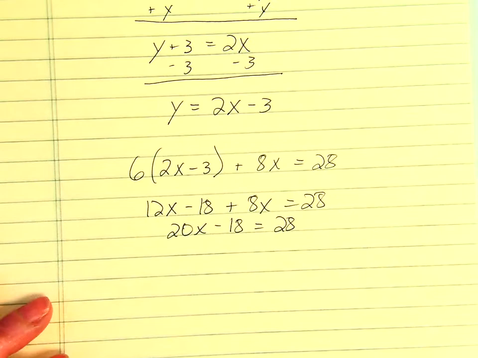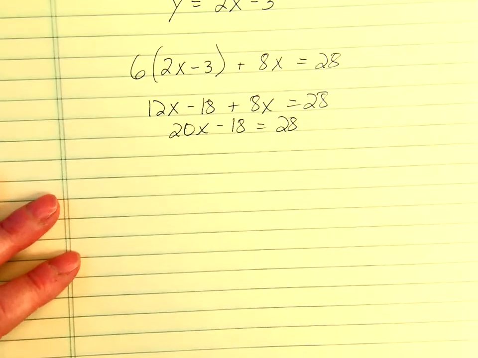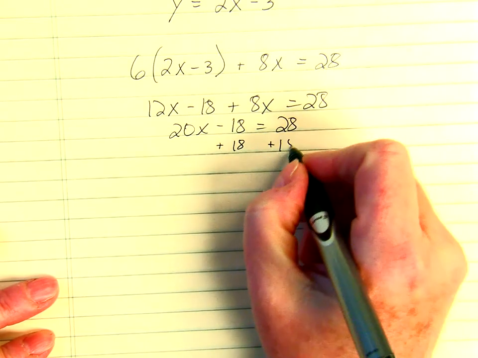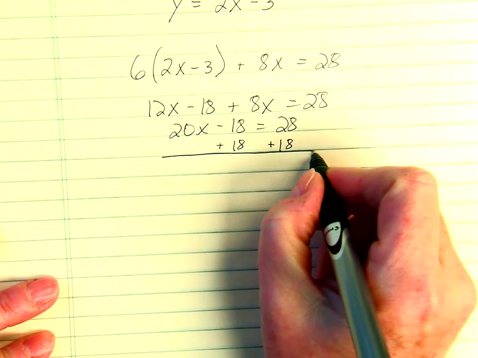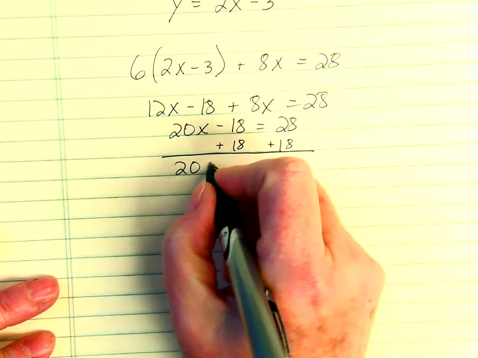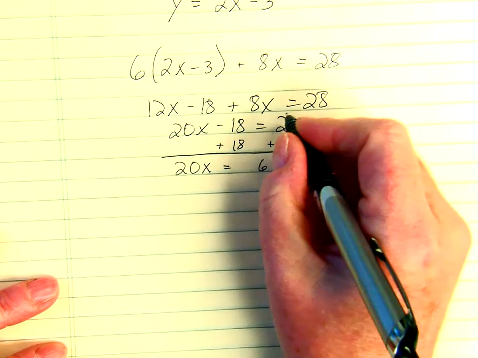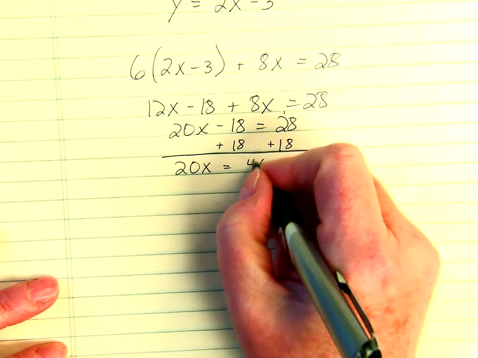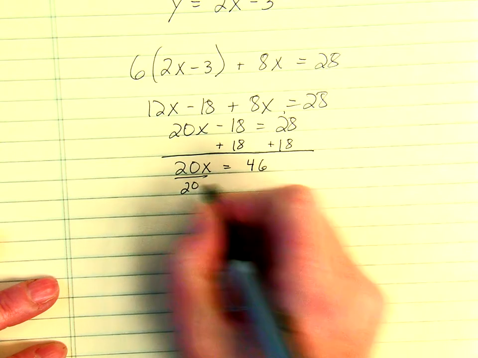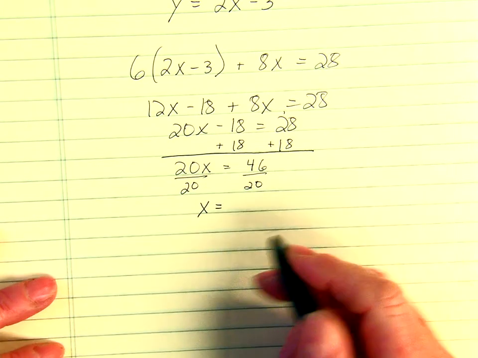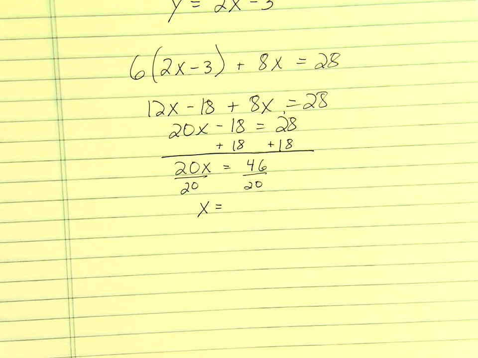Let me move this down and give us a better view of what's going on. Adding 18 to both sides, we end up with 20x equals 46. Dividing by 20, x is equal to, now in this case you can go decimal, fraction, whatever.